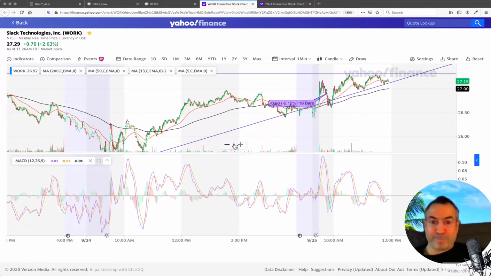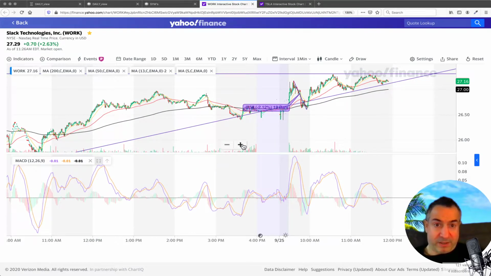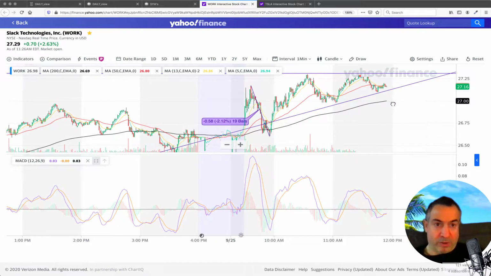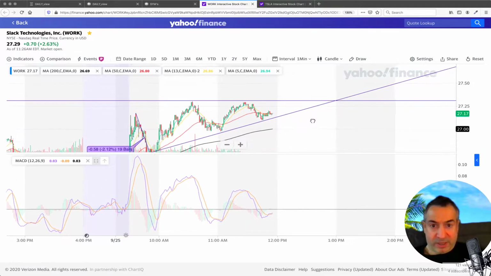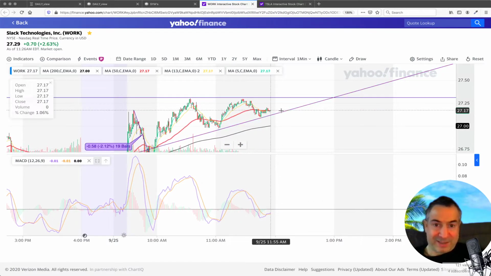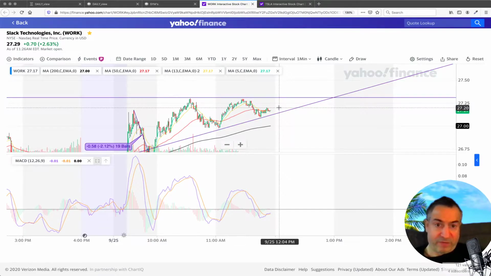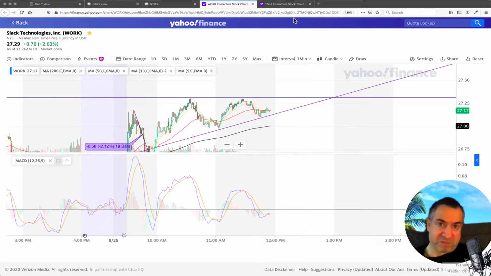So I believe that it might go up. And so far, as we can see, it's above or around the 50, and that's a good sign already.